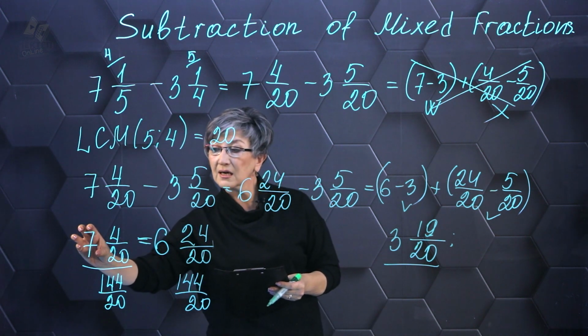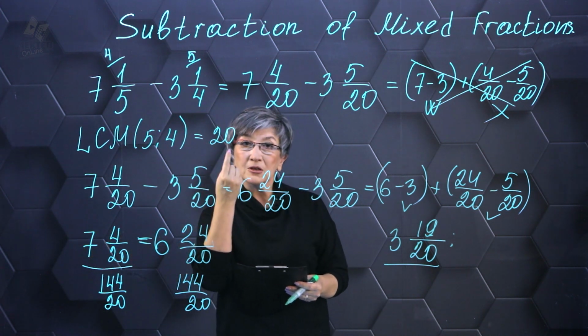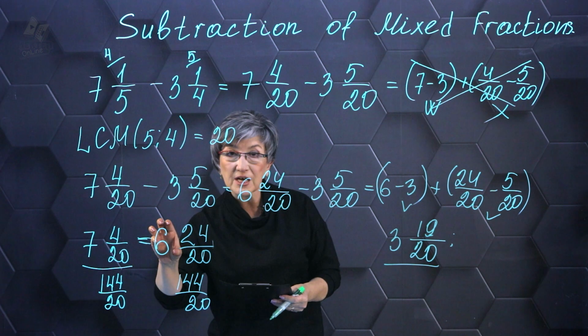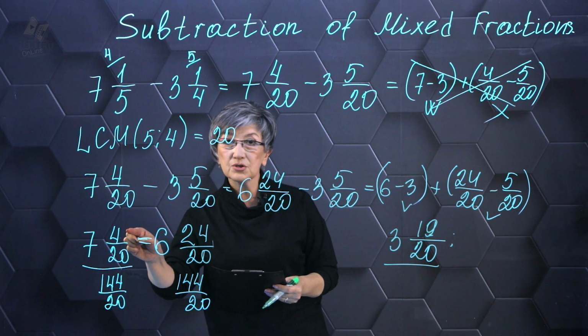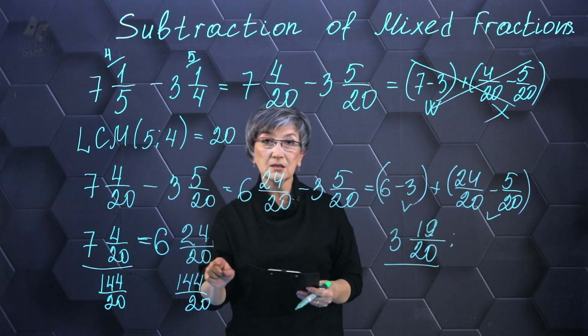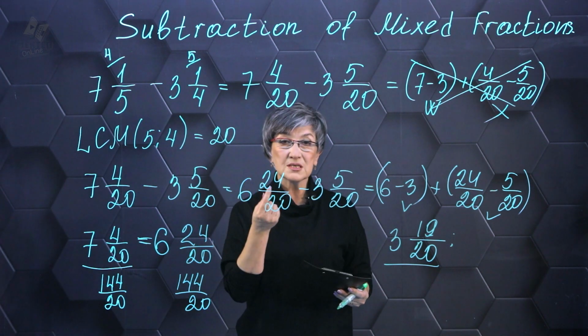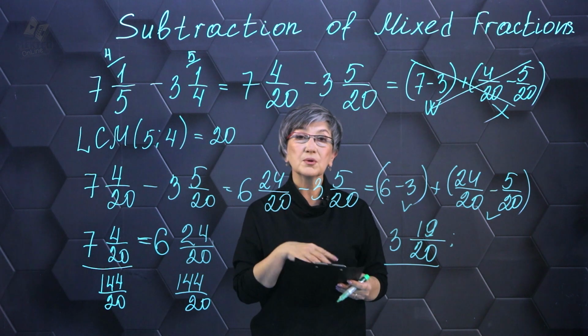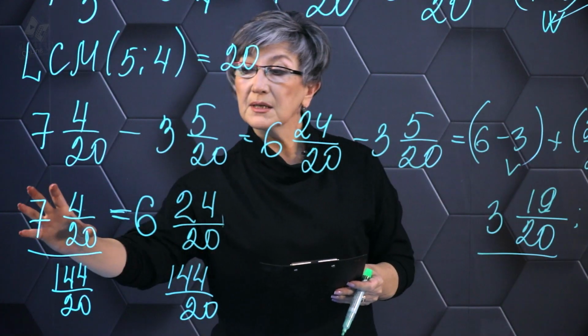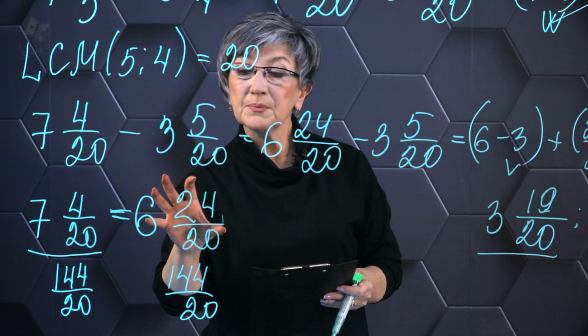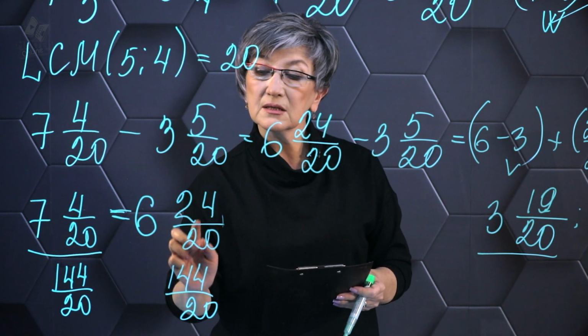So from the 7, I take one whole part. That would be 6 whole parts. Well, now I add 4 to 20, that's 24/20. So we need to take one step to get it right. So, guys, 7 4/20s, we've represented as 6 24/20s.